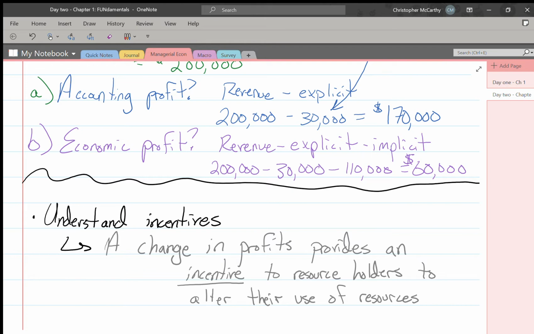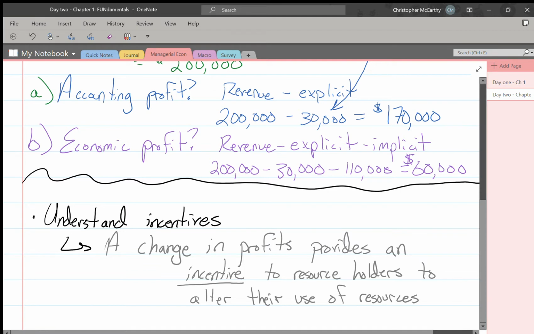So the profits are the incentive for those stakeholders, those resource holders, to switch what they're doing. And maybe they're making shoes, and all of a sudden it's summertime and everybody wants sandals, so they have to retool in order to make sandals.